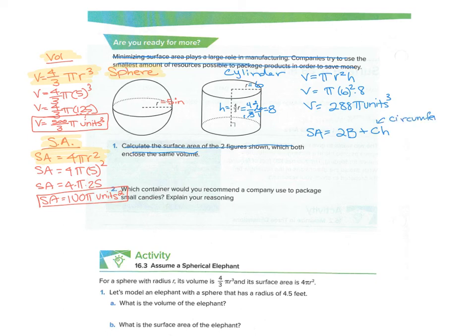So let me talk about that for just 1 second. My cylinder has 2 circular bases. These have areas of B units squared, and there are 2 of them. That's my 2 times big B. And then I have this rectangular side that wraps all the way around my circles.